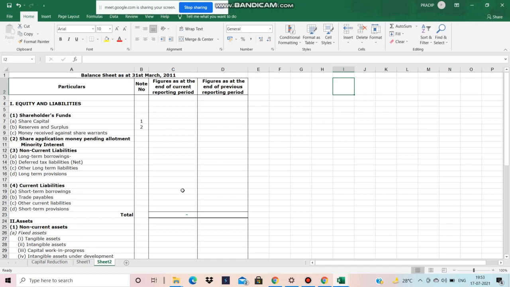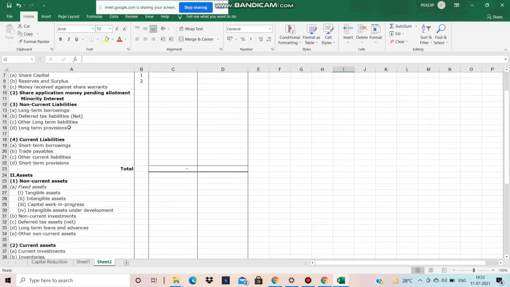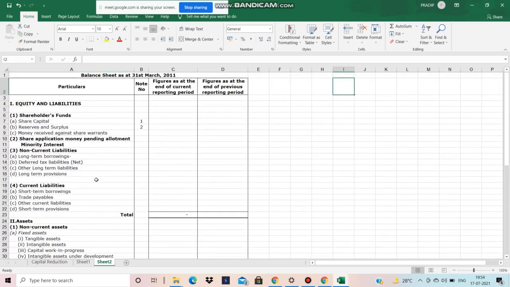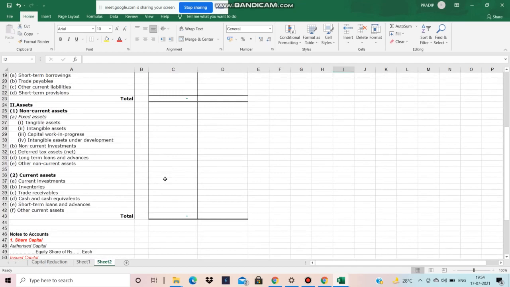So for a private limited and a limited company, you have to prepare the balance sheet like this, which is shown on screen. This is the format, assets and liabilities under the horizontal format. Previously we saw the vertical format, and this is the horizontal format.